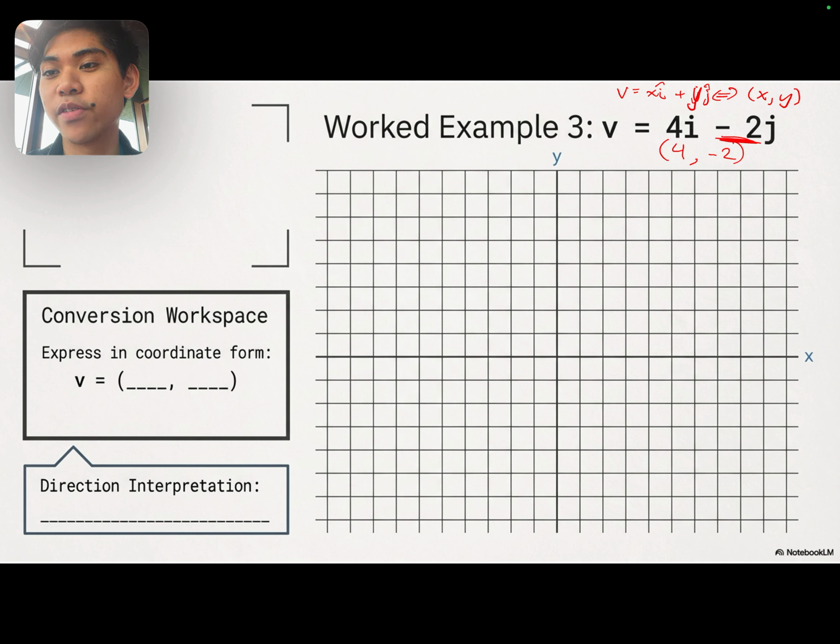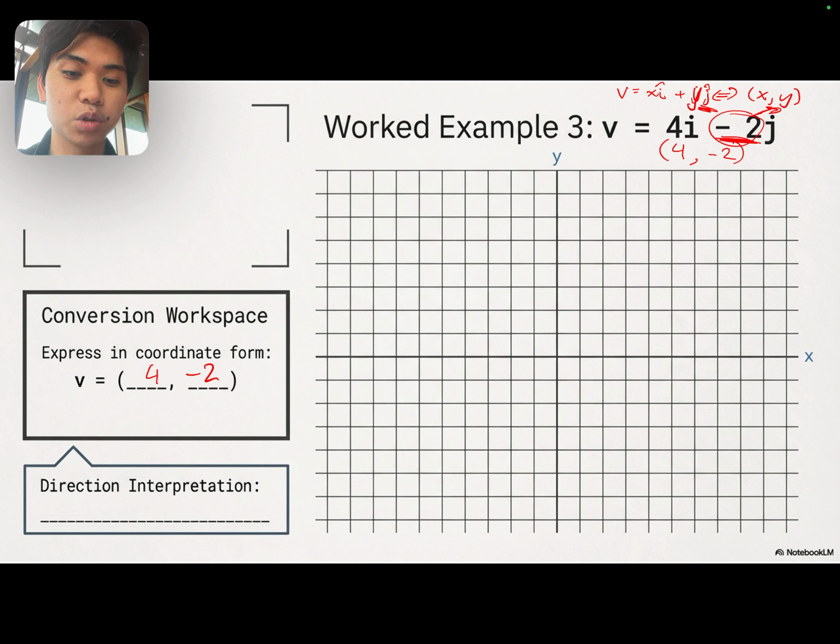If our y is -2, because we have a plus y turning into -2, then it includes those negatives. So 4 comma -2 is our coordinate form.